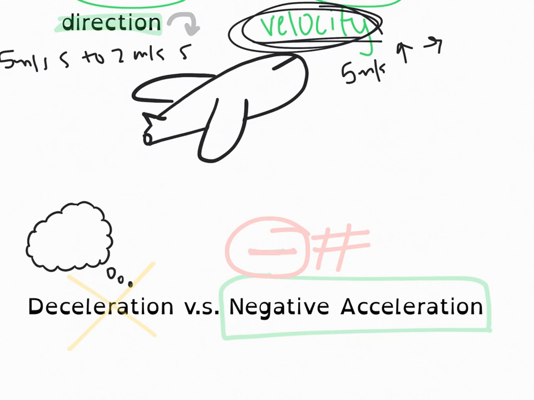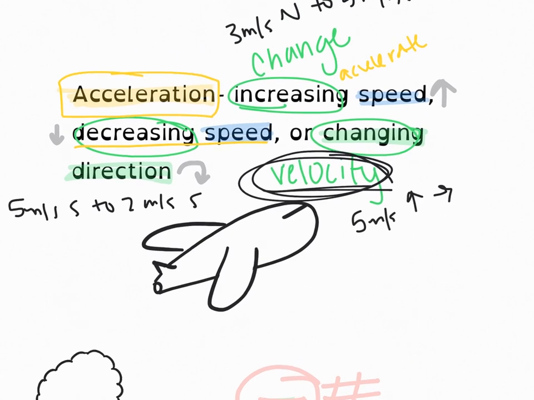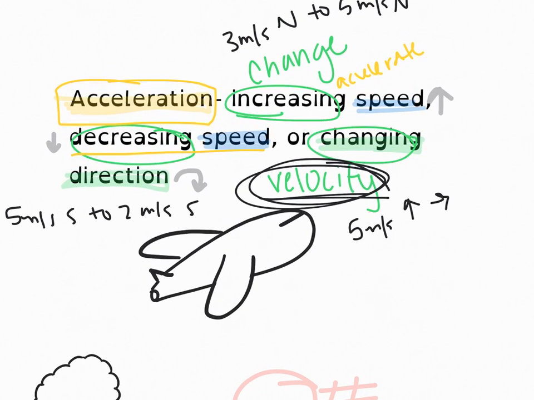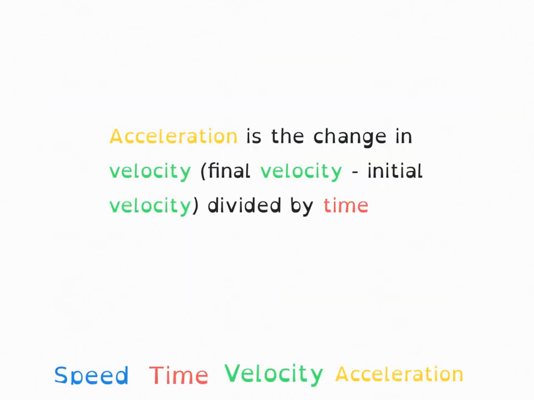All right, so quick review before we get into our formula. Acceleration really means some sort of change in our velocity. We just talked through the idea that acceleration is the change in velocity.